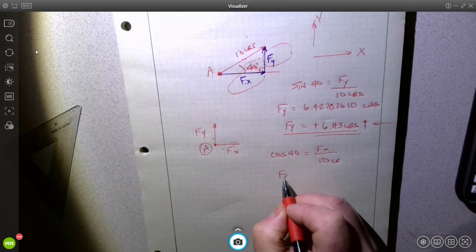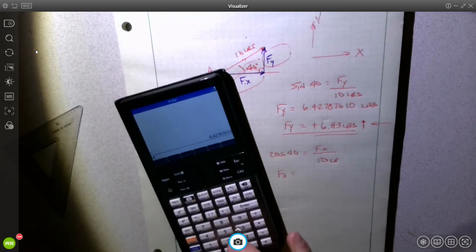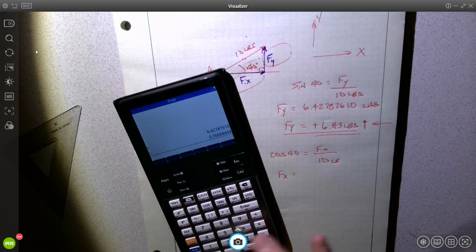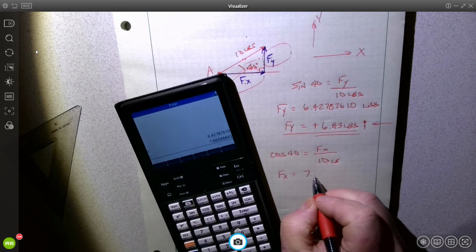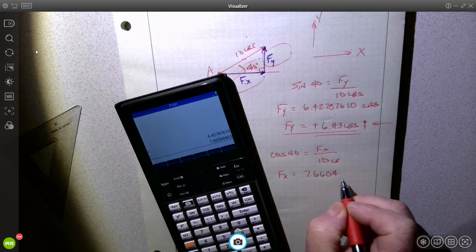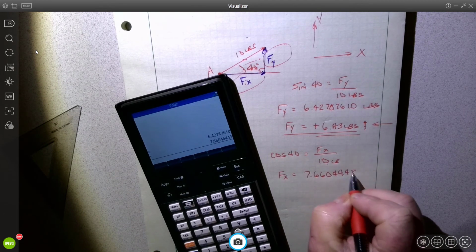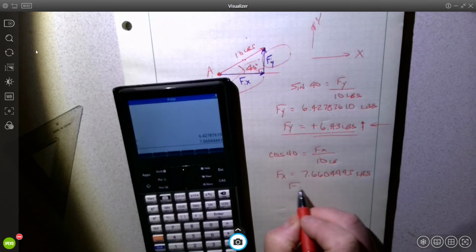So Fx would be, I'm running an HP, so it's a little different than your TIs, 7.6604443 pounds. I need to round that.